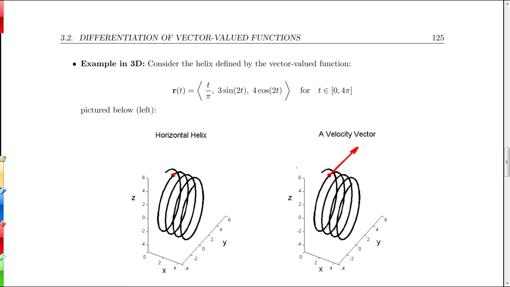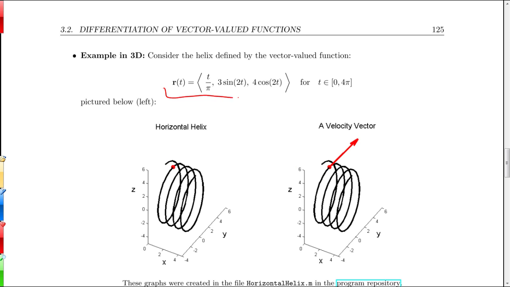So for example, if I go to 3D, suppose I have a sideways helix. It's very similar to the vertical helix we had in chapter 3.1. If you think about it, my x variable is just increasing linearly with t, so x is increasing that way as t goes from 0 to 4 pi.